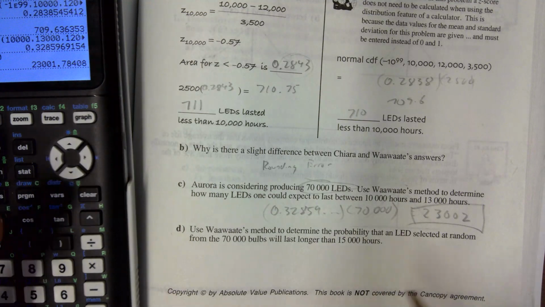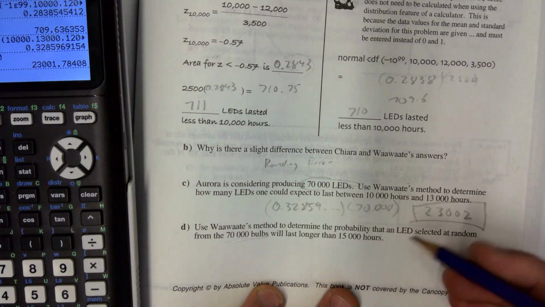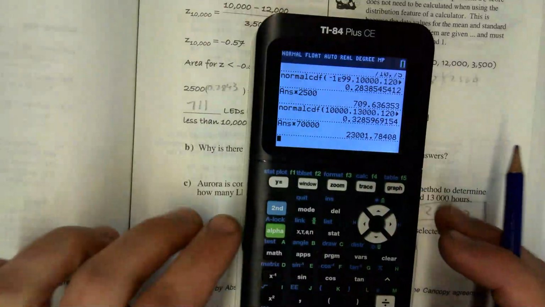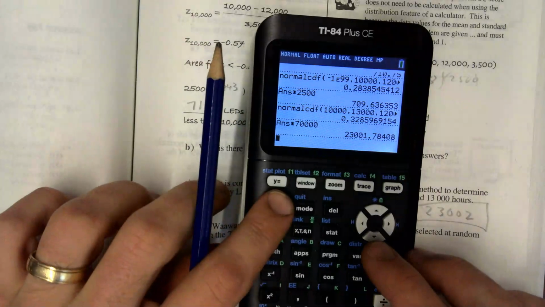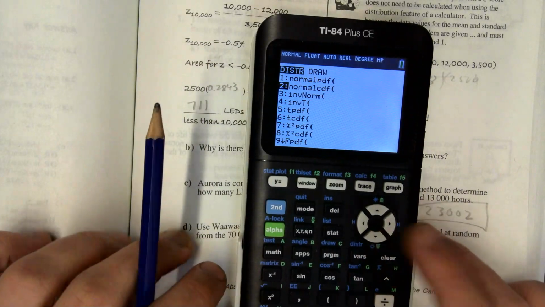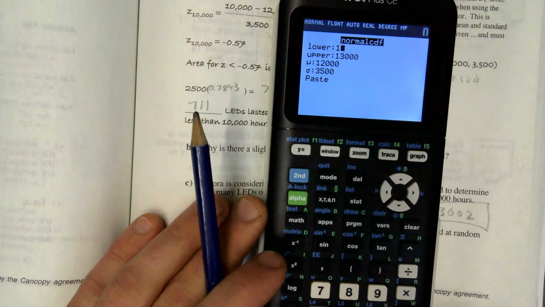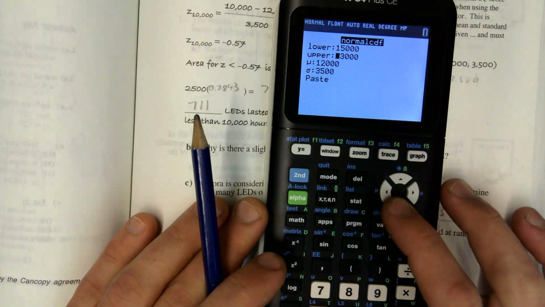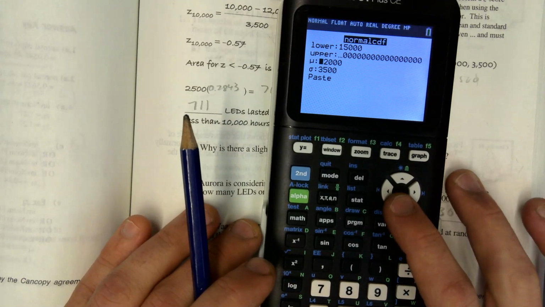And then let's use this again. Of the 70,000, how many will be the really good ones? How many will last more than 15,000? So let's go vars CDF. Now in this case, our lower is 15,000. Our upper is some really huge number. Same stuff.